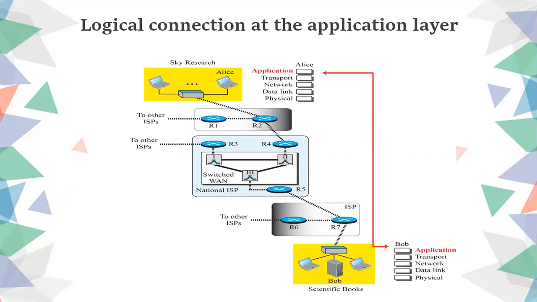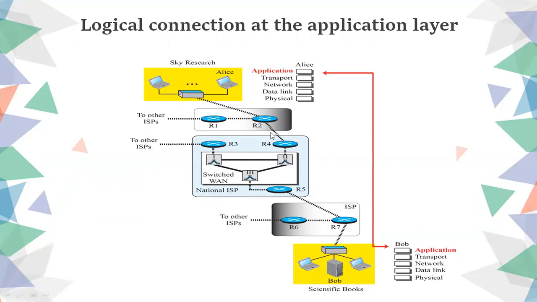It will take other routes through other ISPs, internet service providers, like routers R1 and R2. Later it moves on to the national ISP, R4, and then to a sub router R5, then the next set of routers, and then it reaches the particular user.